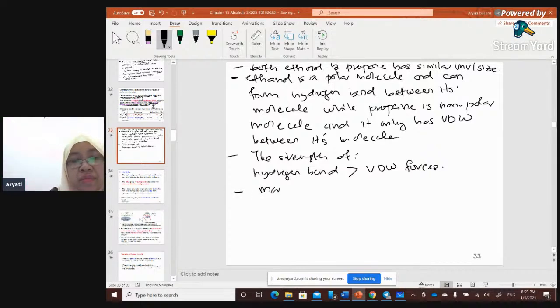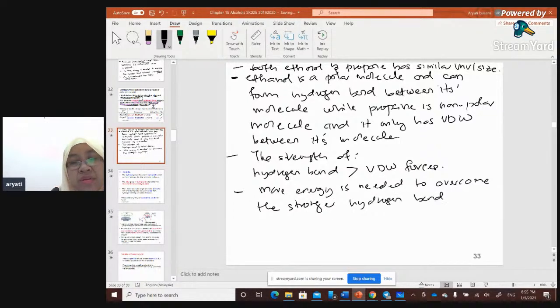So more energy is needed to overcome the stronger hydrogen bond between ethanol than propane.